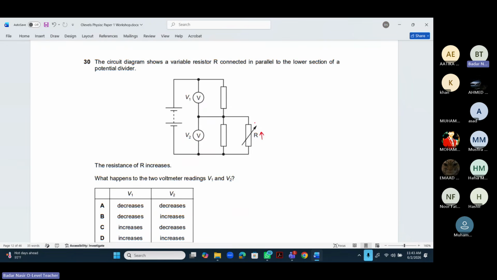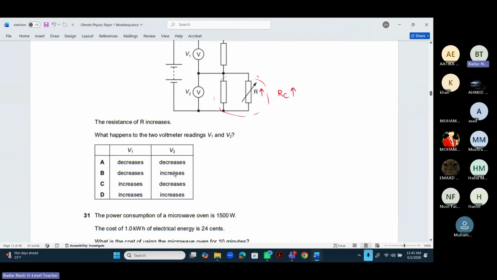So अगर R increase होता है तो इन दोनों की जो combined resistance है वो increase होगी और series के अंदर that resistor gets more voltage जिसकी resistance ज्यादा हो. तो V2 will increase and V1 will decrease.